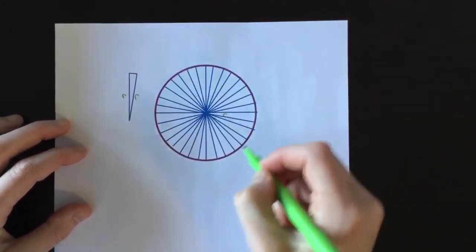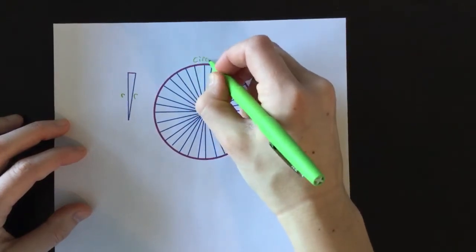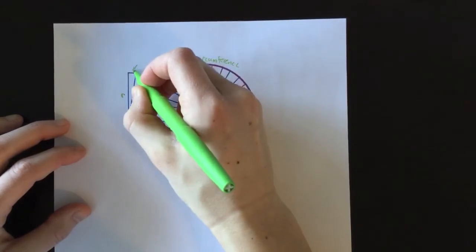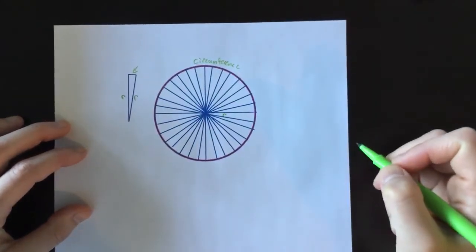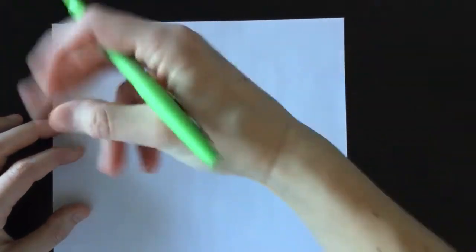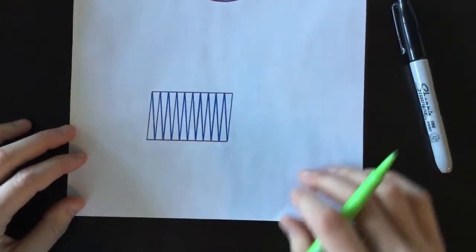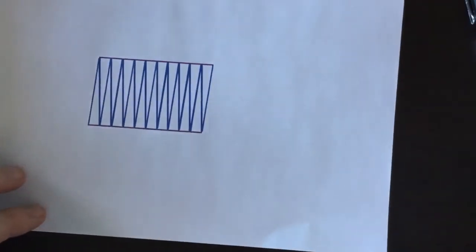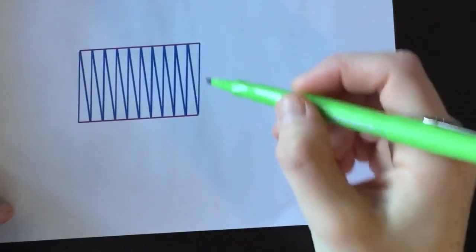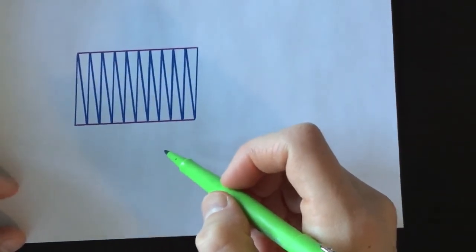And then the outer edge of our circle is our circumference. Okay, so even this little piece is just a tiny piece of our circumference. So what mathematicians do is they cut up this piece into all these sectors and then they rearrange it. And when they rearrange this circle and they slide their pieces together, they get something that looks a lot like a parallelogram.